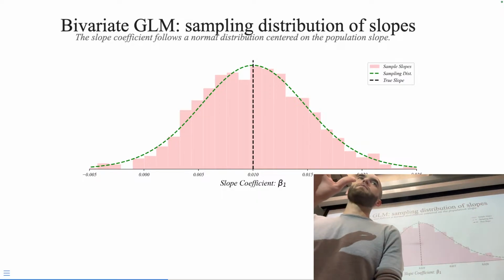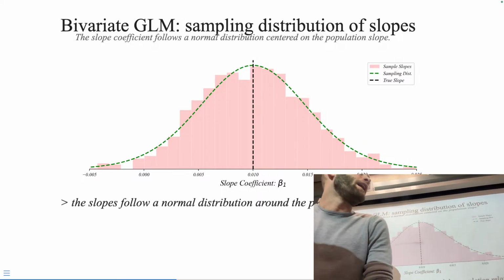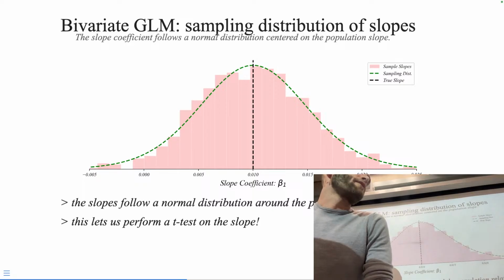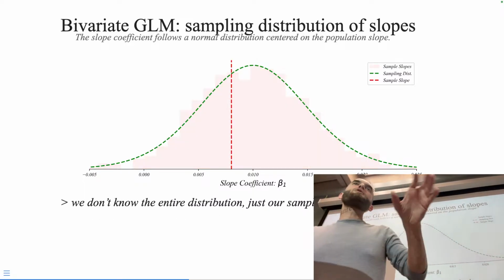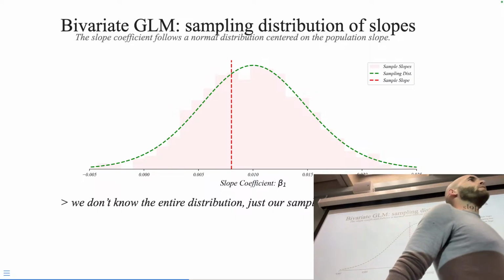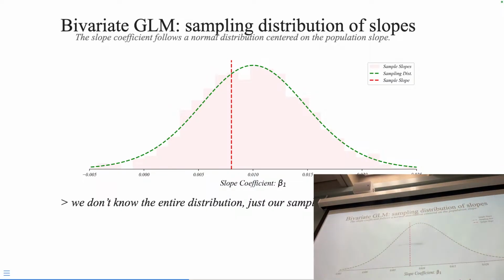So let's be more specific about this. These are some of the things we know, but we can also follow exactly the same process we did with our hypothesis testing, the approach we applied to the intercept parameter. We can do all of that with slope parameters. So just like before, we don't observe all of the samples that I drew. I drew 1,000 of them, but in practice we only observe 1.